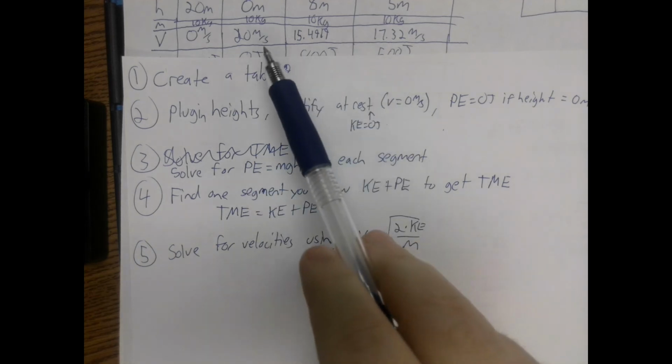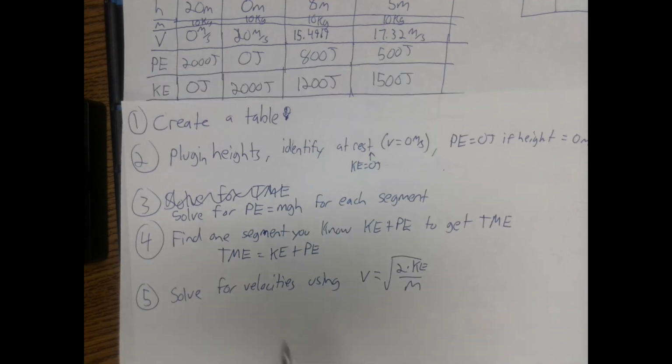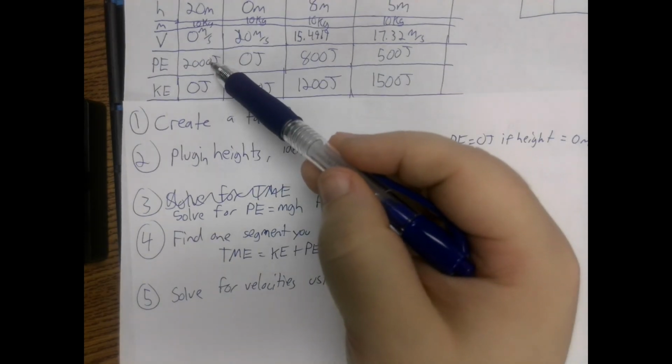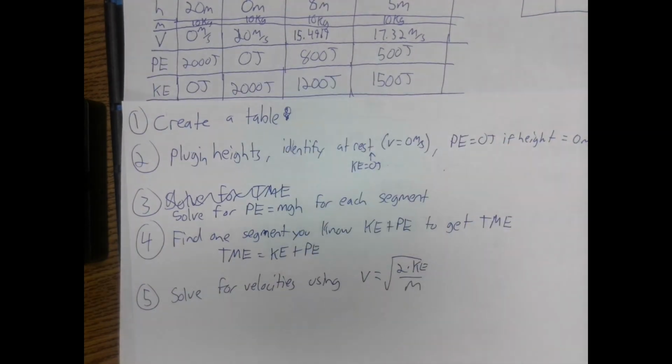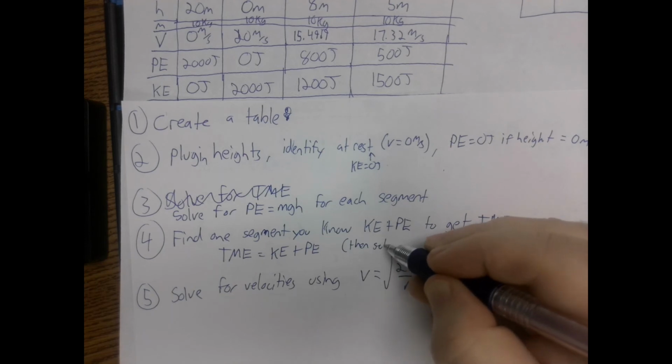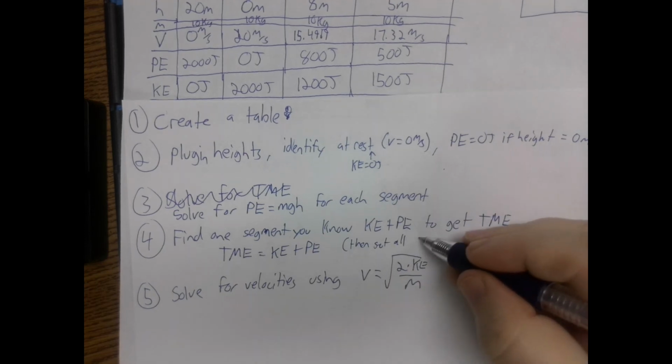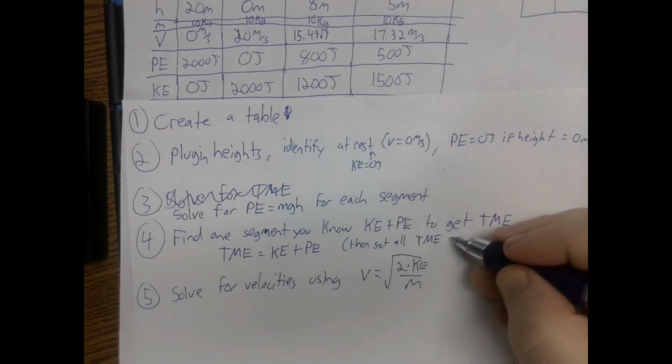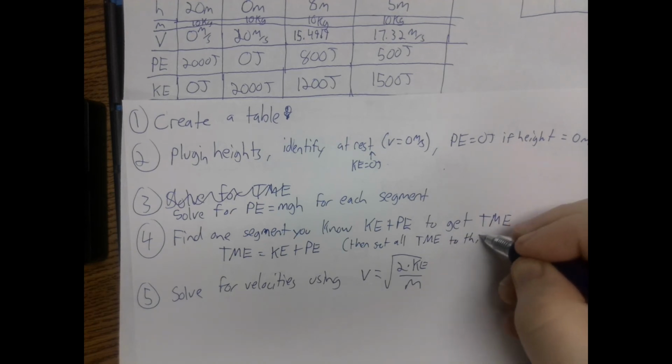Then identify one of them where you know, for example, that the potential energy is 2000 and the velocity is 0. And then set all TME, because it's constant, to this value.